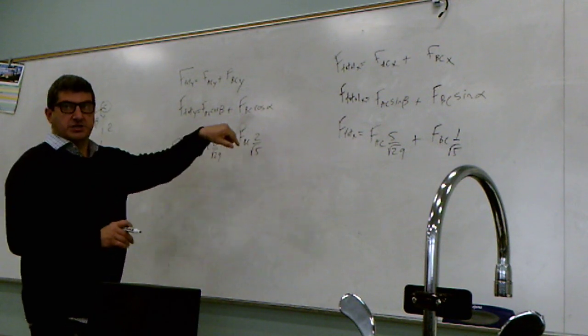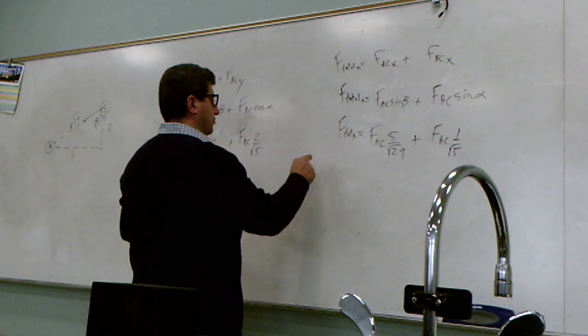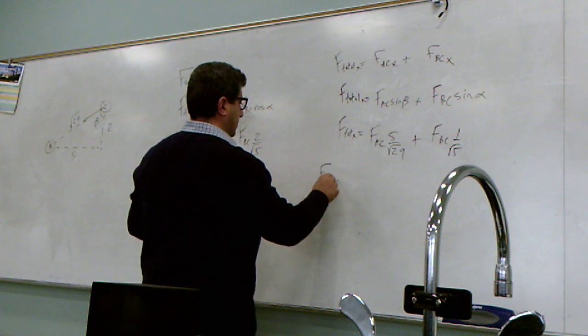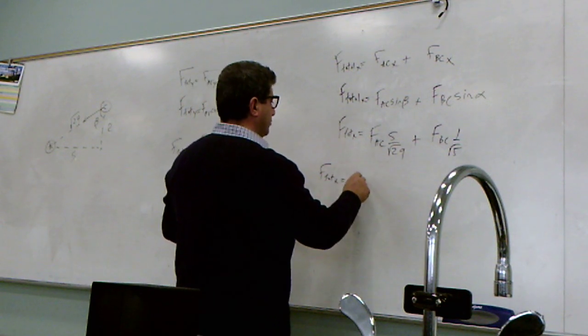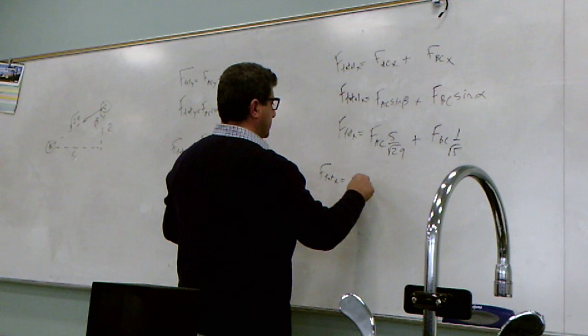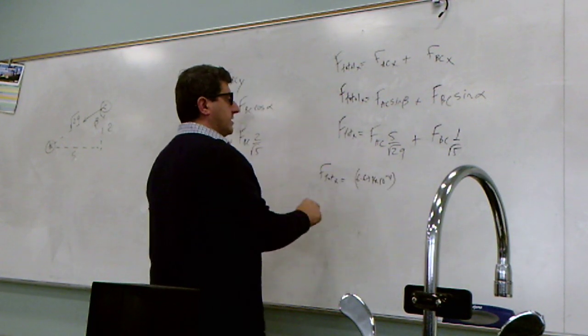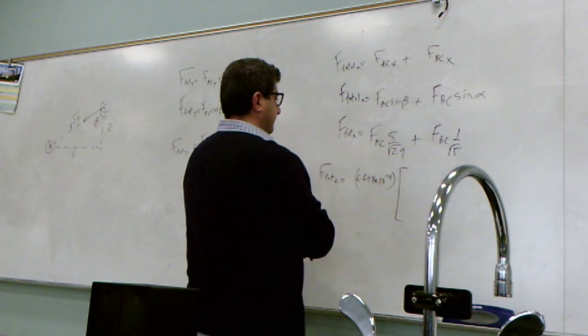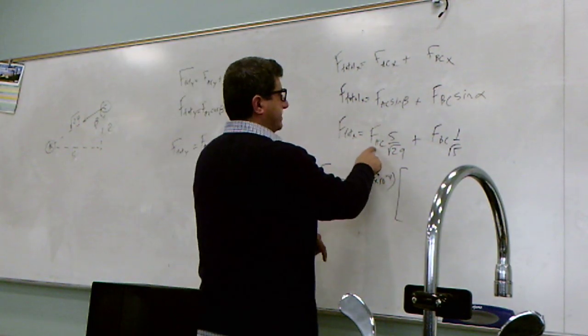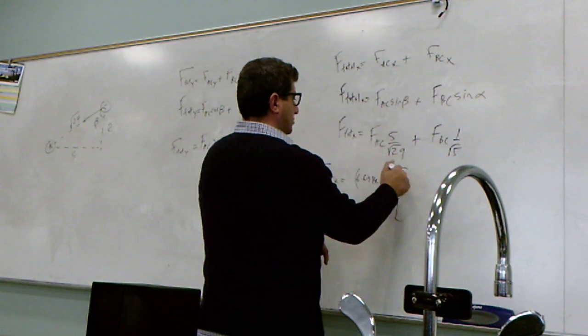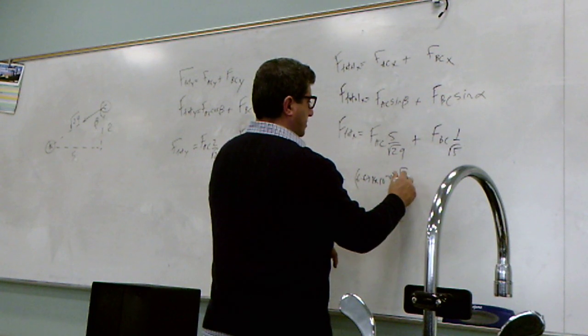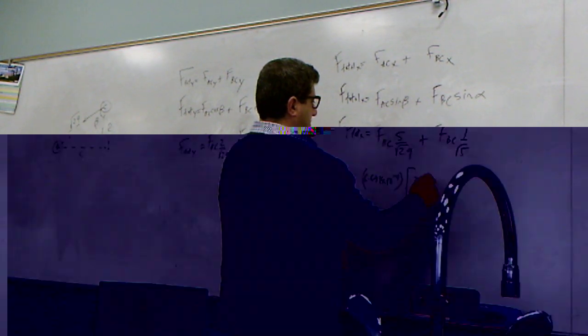Now we're going to put in the law of gravity. So then we're going to say F total x is going to be FAC, which is 6.674 times 10 to the minus 11. That one I can factor out, and then that's the mass of star A, which is 3 times 10 to the 30th.